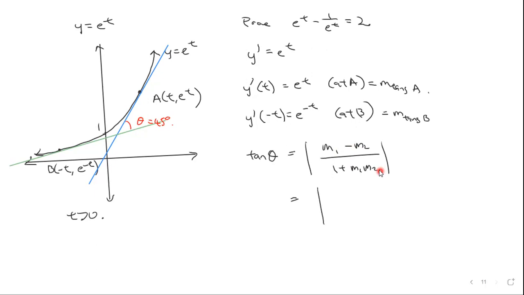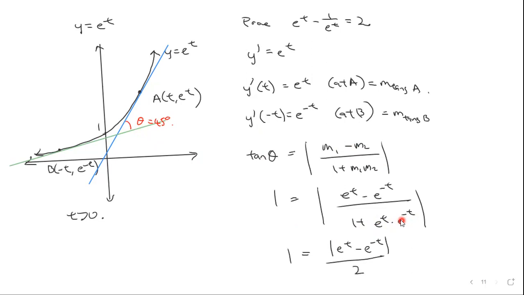So we've got e to the t minus e to the negative t all over 1 plus e to the t times e to the negative t. Theta, of course, is 45, so tan theta is 1. E to the t times e to the negative t is 1. So we've got the absolute value of e to the t minus e to the negative t, all over 2, is 1.